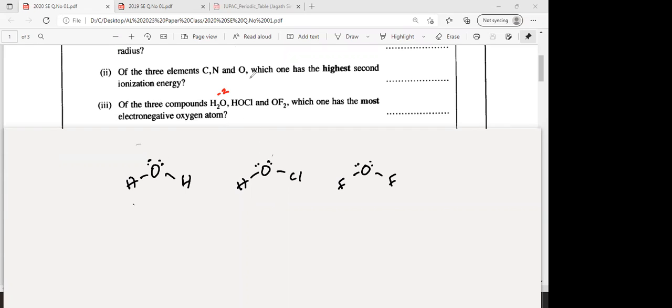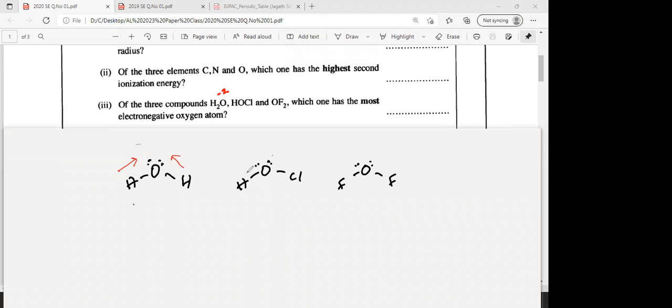-2. I'll mark the arrows here. Here electrons are attracted toward oxygen. Here also electrons are attracted toward oxygen.